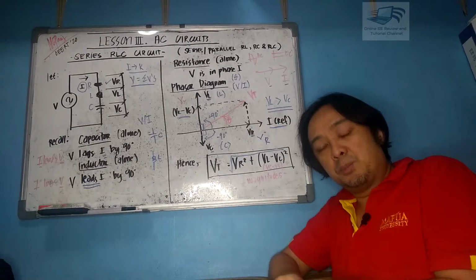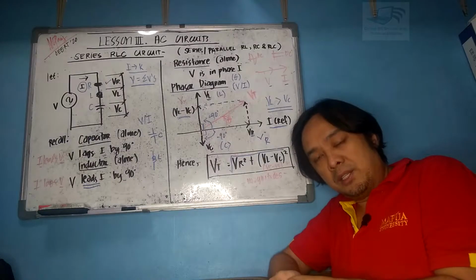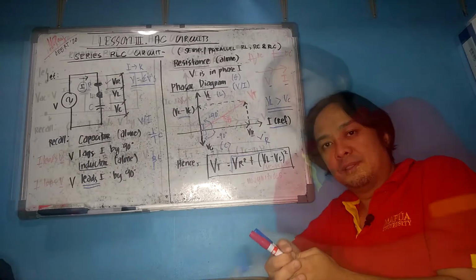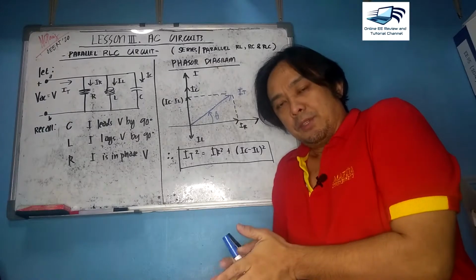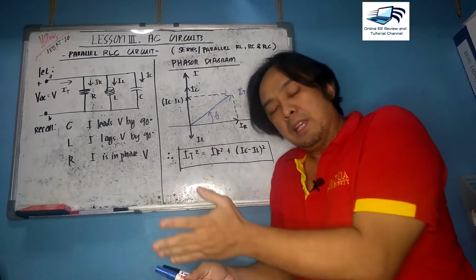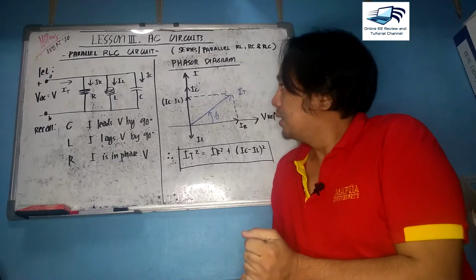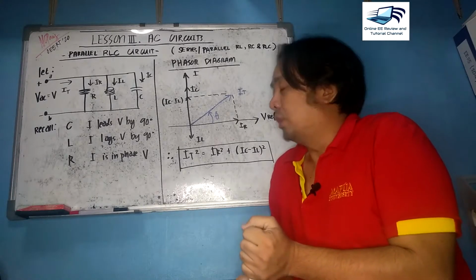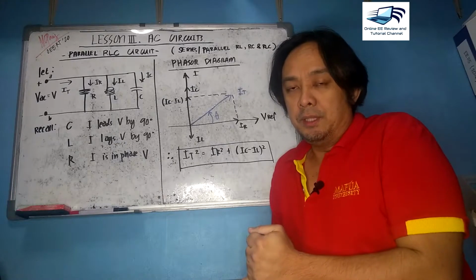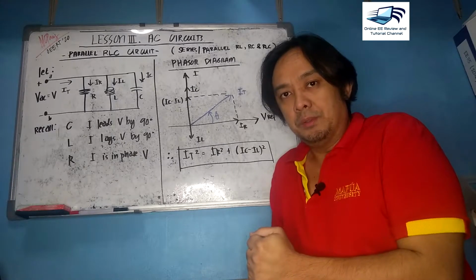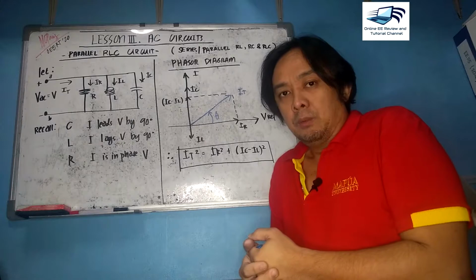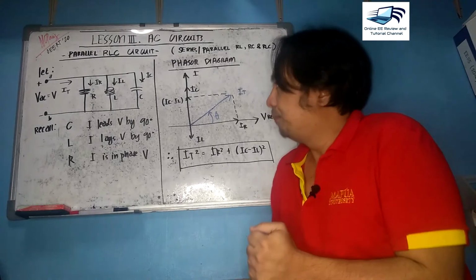Next, we will discuss parallel RLC circuits. Hello once again. From our last slide, we discussed the series RLC circuit and the corresponding equation, which is in terms of voltage.